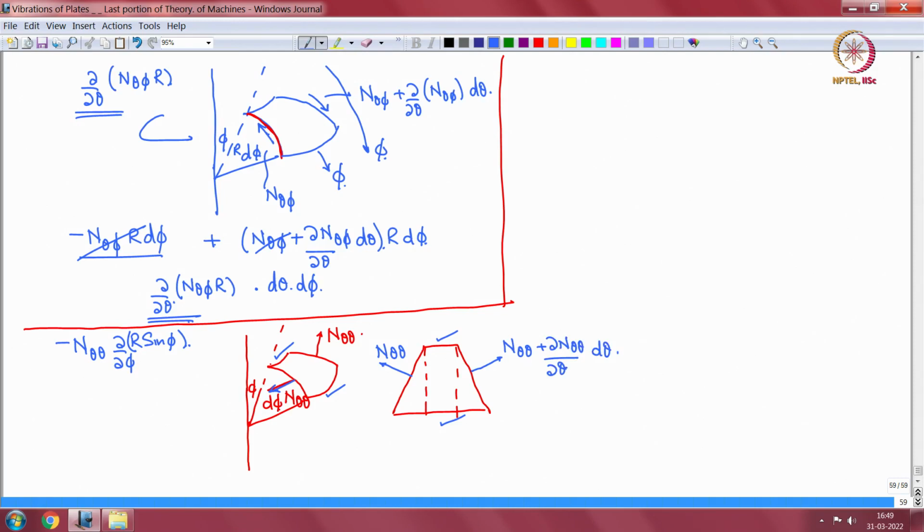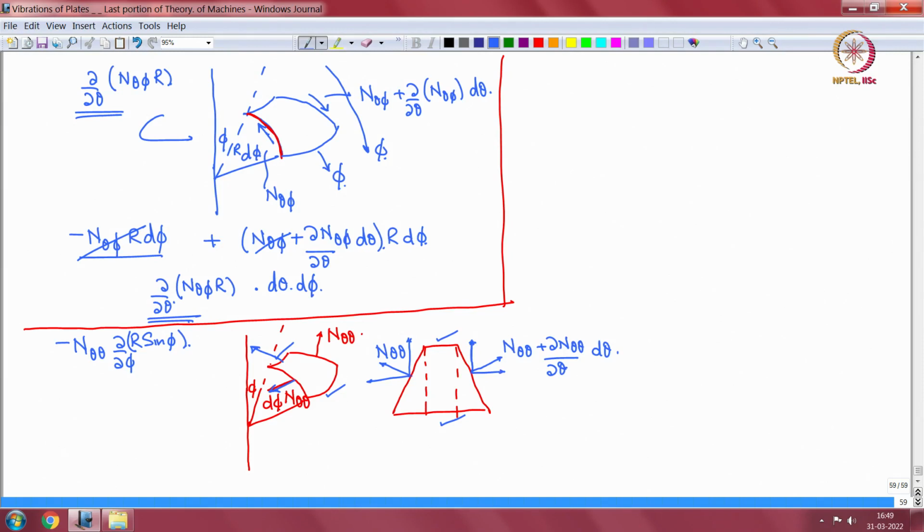Okay, and I have to compute the force in the phi direction. This is the phi direction, right? This thing has a component this way and this way, a vertical component. So I have to compute the vertical component of this thing.